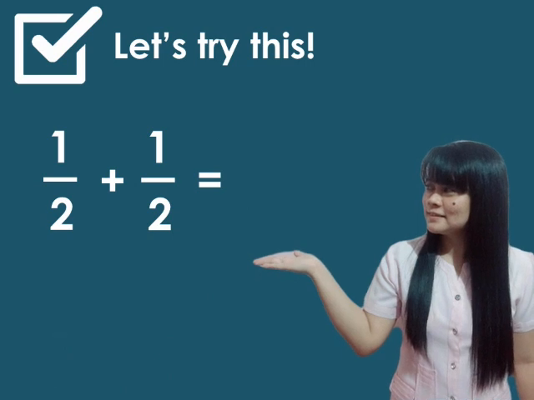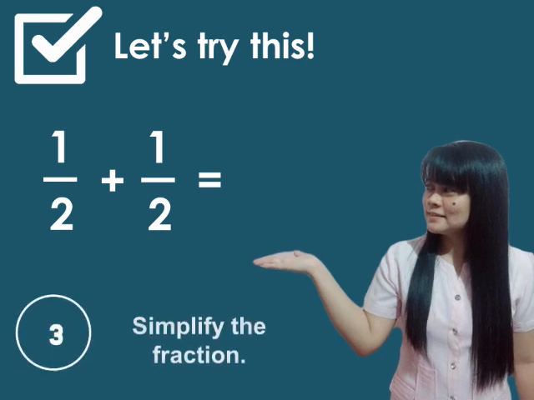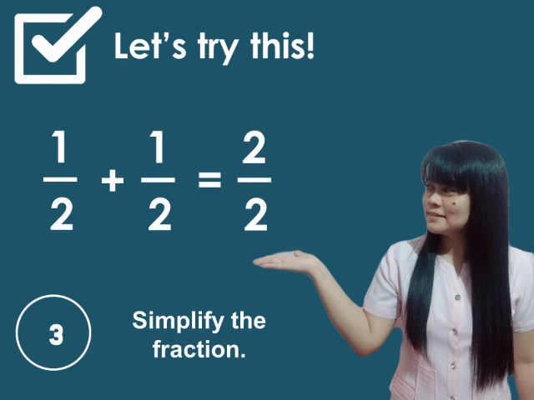Then step number 3, simplify the fraction. Since it is 2 over 2, and 2 divided by 2 is 1, the answer will be 1.